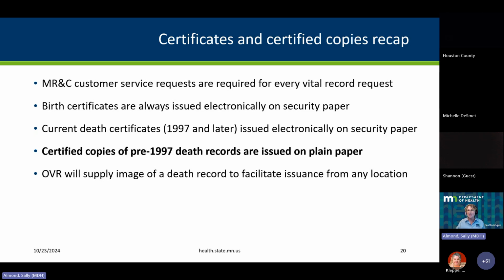Issuing death certificates and certified copies of death records can be different depending on the age of the record. If the death record was filed before 1997, the customer is going to receive a photocopy of the record on plain paper that has been certified. And never copy a historical record on security paper because that's not a valid certificate.